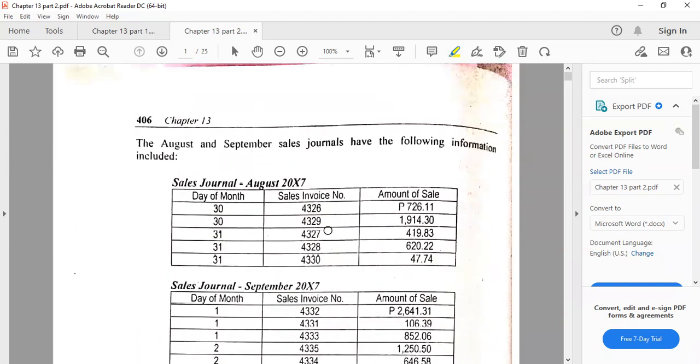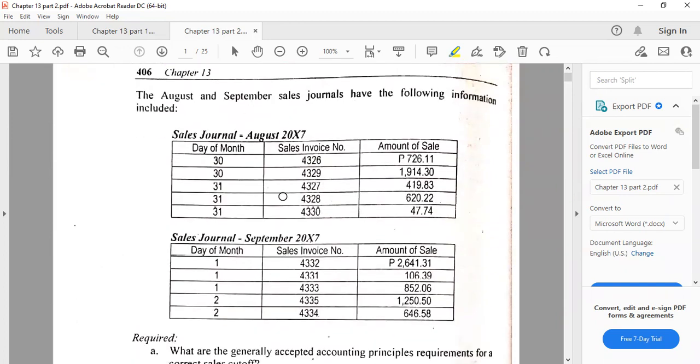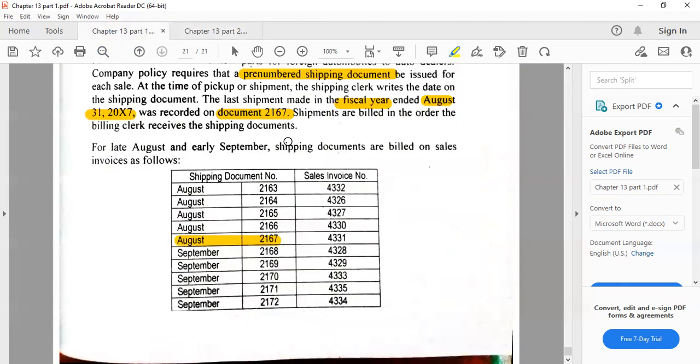So what we should record as sales are only those items that have already been shipped. So let's match these. These are the sales invoices that we should record as sales in August.